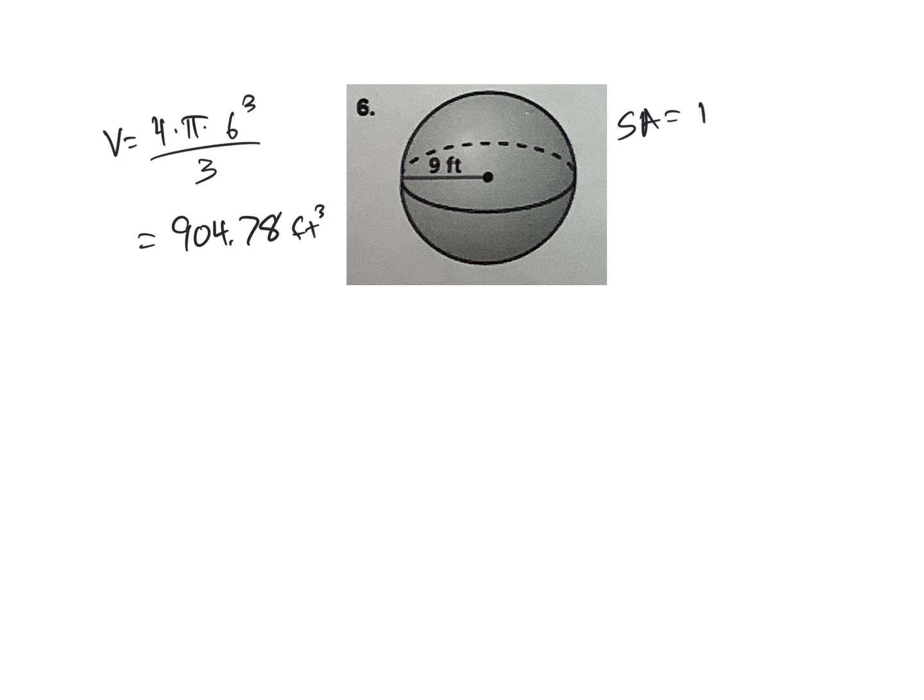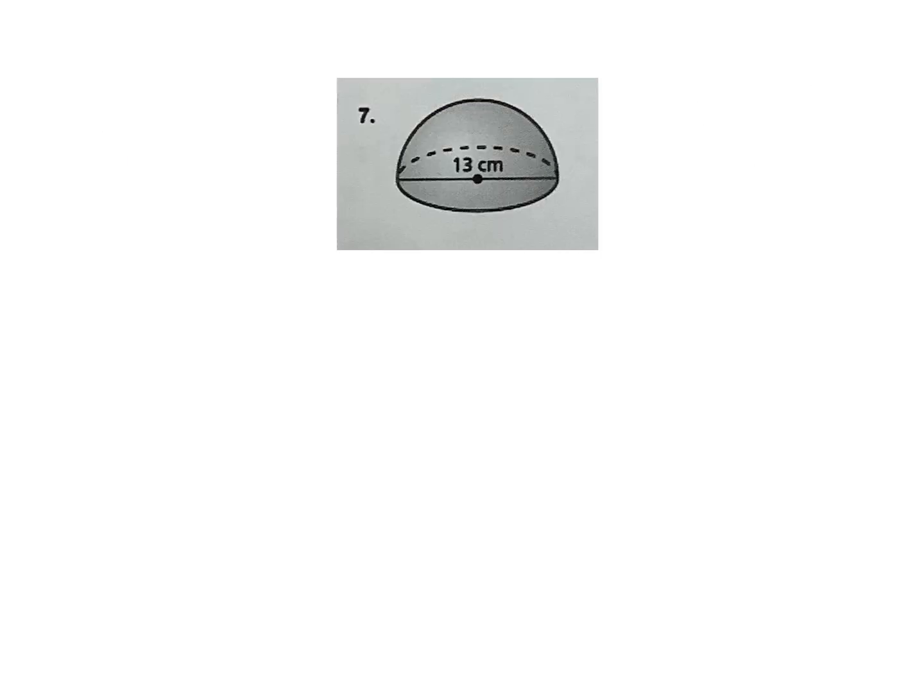Surface area is 4 times pi times the radius squared. So 9 squared times pi times 4 gives us 1005.31 square feet.